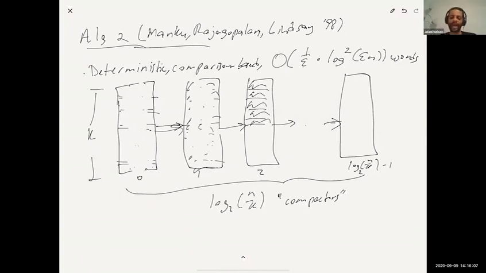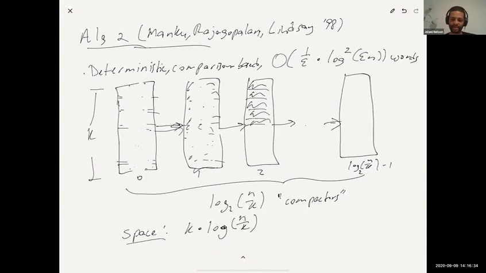And then I have to tell you how you answer queries, and how I set k to get error epsilon, and basically that's going to give us the bound that I told you. So what is the space bound here, by the way? The space, of course, is k times log of n over k.